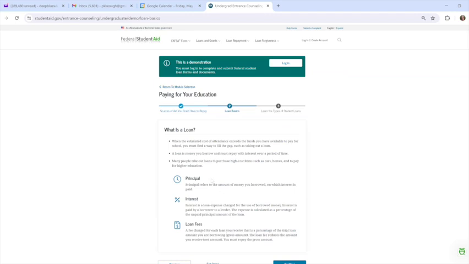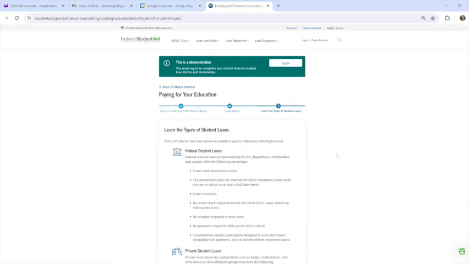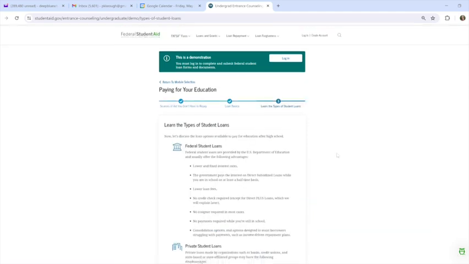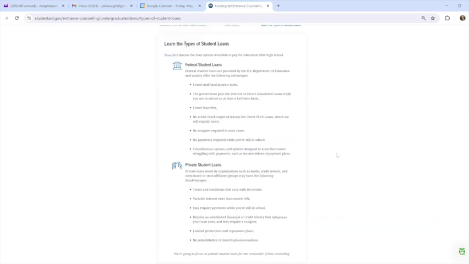Now, what is a loan? A loan has principal, a loan has interest, and then there's loan fees. There's loan origination fees. So you want to check out that information. And as you see, we're moving through the information up here. Then you learn the different types of student loans. There's federal loans, which is what you're doing the loan entrance counseling for.